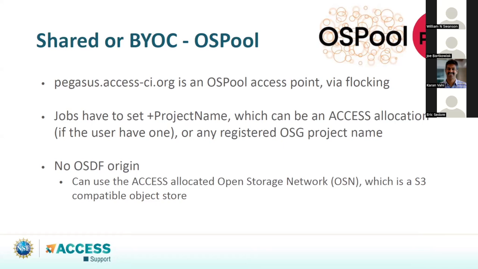Frank talked about that part, and this is an S3 interface, an object store. So they are very similar approaches, but different. We might do an OSDF origin, but it comes down to what's the lowest common denominator we have between the OSPool and the access machines.